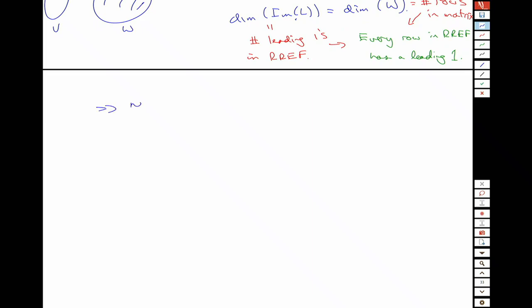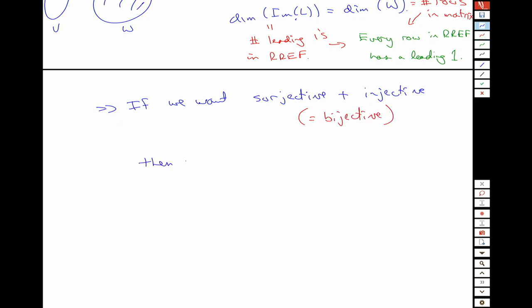If we want surjective plus injective, and that has a special name, not crucial for us, bijective, means reversible, then we have to have leading ones in the RREF in every column and every row.